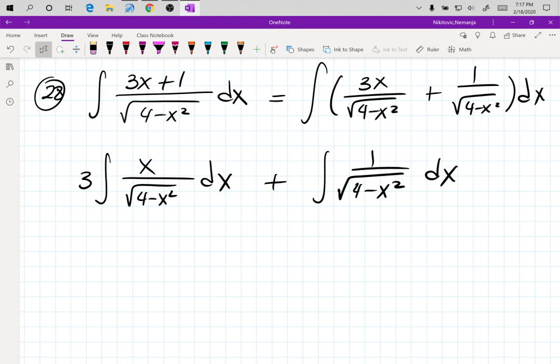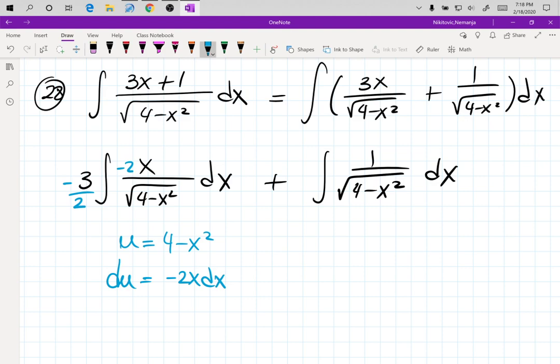Because you have your negative 2x that you need. So when you say u equals 4 minus x squared, your du is negative 2x dx. All I need is negative 2 and negative half in front, and the first one is solved. How about the second one?